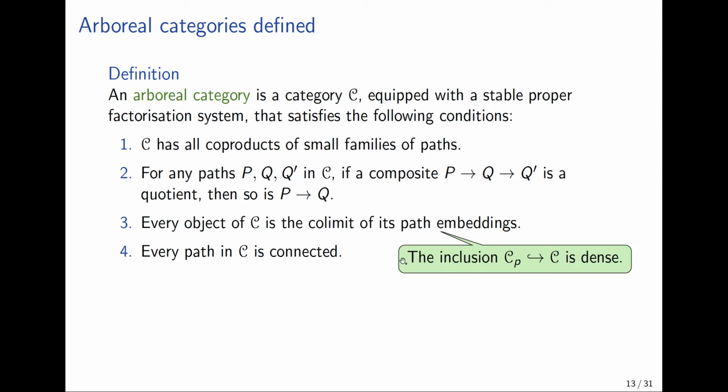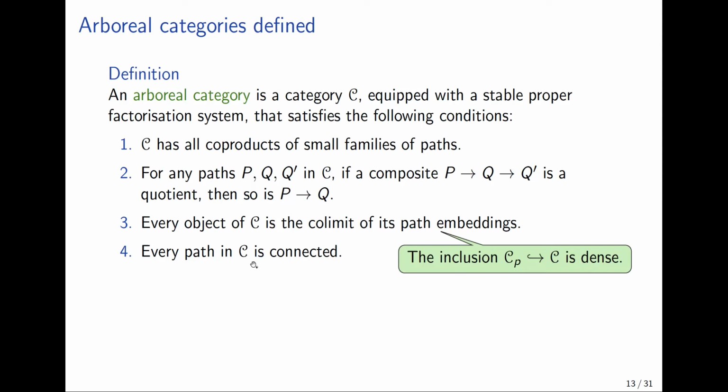So in a more precise way, what you're saying is that the inclusion of the full subcategory defined by the paths is dense. That's what it means. And then the last condition is that every path is connected. Now that's a very classical notion of connectedness in category theory, which says that an object is connected if the corresponding covariant hom functor preserves coproducts. But that prevents the initial object from being connected, of course.